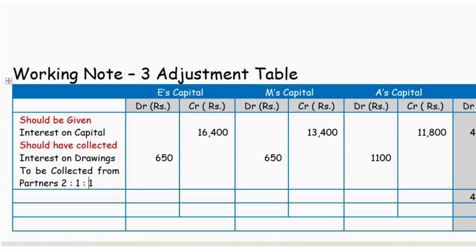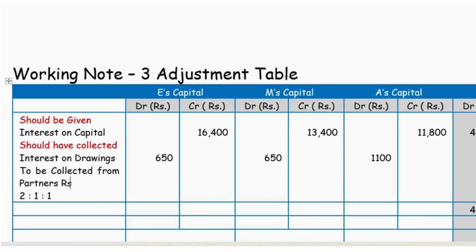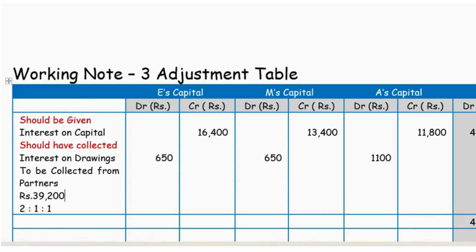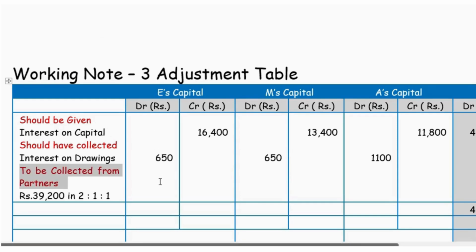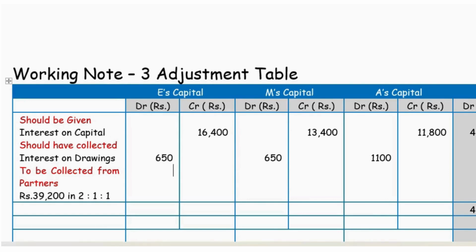That is the amount of 39,200 rupees. This should have been collected from the partners, because this has already been distributed to the partners, and this is to be collected from the partners. 39,200 in 2:1:1. That means collected from the partner means the partner's account will be debited.